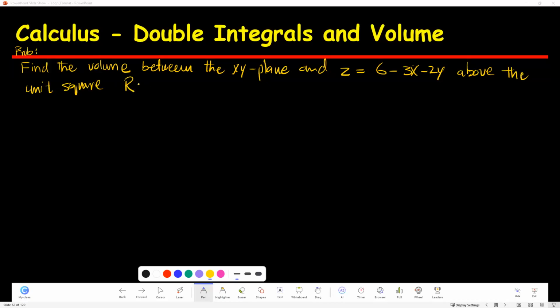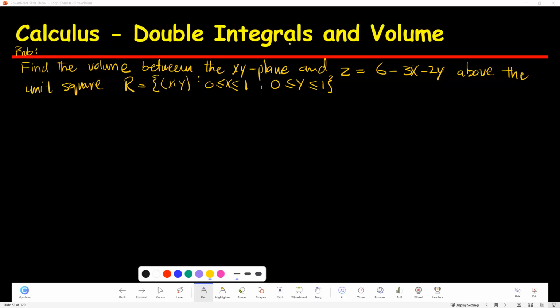Okay, and then the unit square range is given: x and y such that x goes from here to here, y is going from here to here.